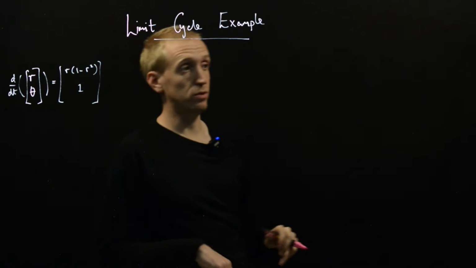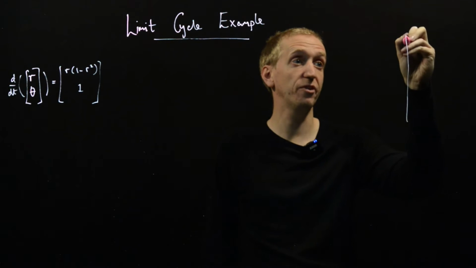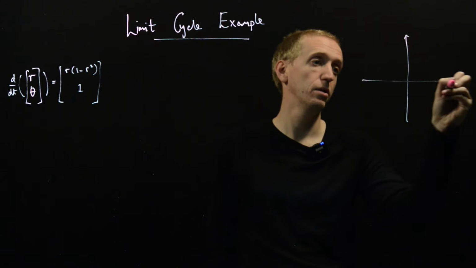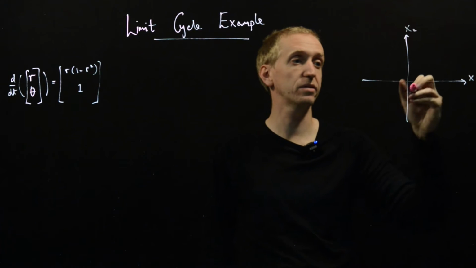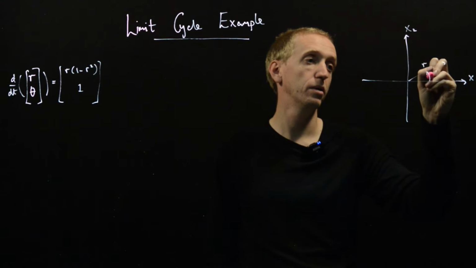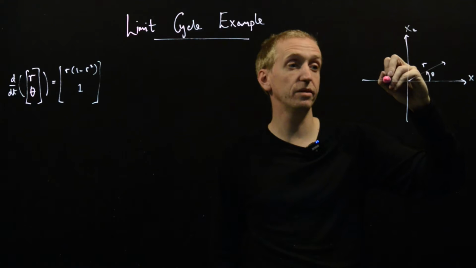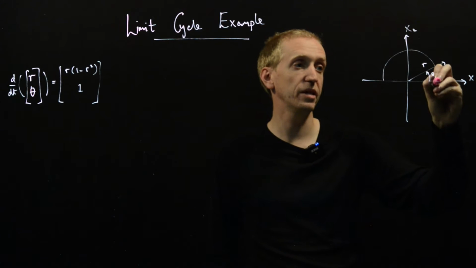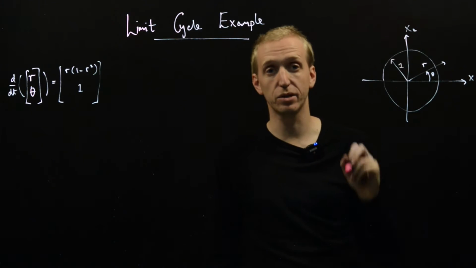And if you remember, we saw this system before, and when we plot its phase portrait in Cartesian coordinates, here we've got x1 and x2, and our polar coordinates r and angle theta, the unit circle was of particular importance. So this is a circle of radius 1.